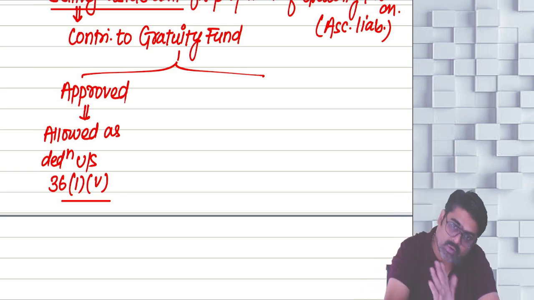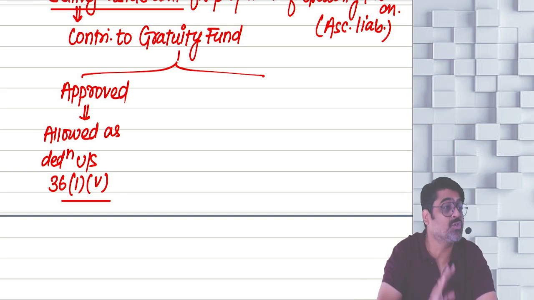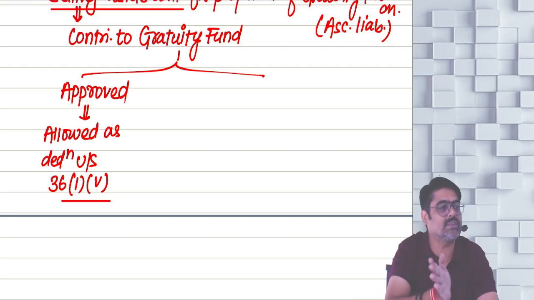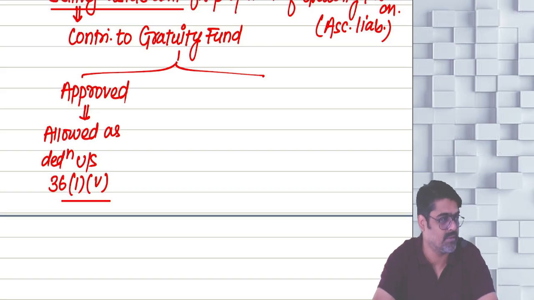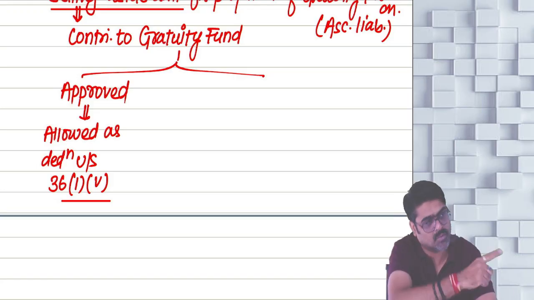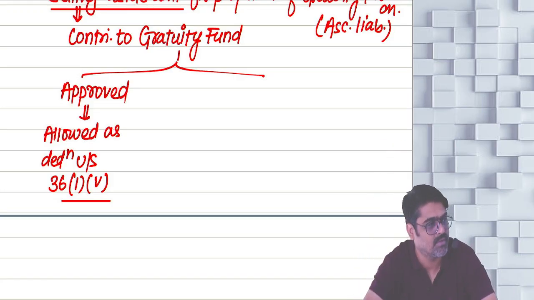So the amount contributed right now, are you actually paying this amount to your employee? No. Right now this amount is just going to your gratuity fund. But the moment it goes to the gratuity fund, 100% you have to pay this amount to the employee whenever the employees are retiring.